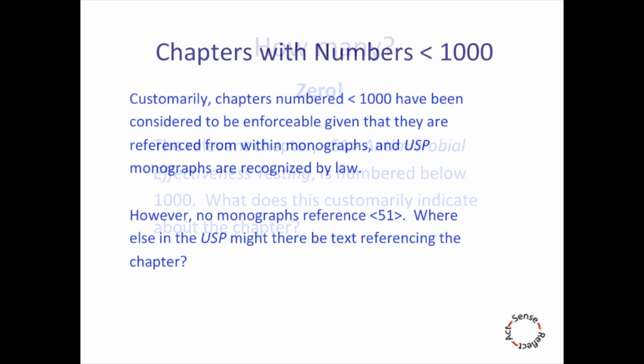Chapter 51, of course, has a number below 1,000, which means, according to the USP, that it is an enforceable chapter. Enforceable chapters are made so because they are referenced from within USP monographs. So, if there are no USP monograph references to this chapter, where else can I find in USP something that would make this chapter enforceable?